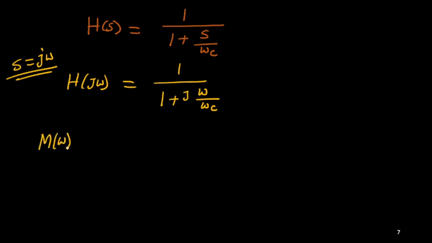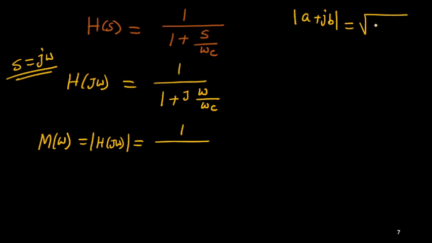M of omega is the magnitude of H of j omega. What is this? Numerator is a real number, so it's 1, remains the same. The denominator is a complex number. What is the magnitude of this one? So the magnitude of A plus jB, what is the magnitude? Square root of the real part square plus imaginary part square.